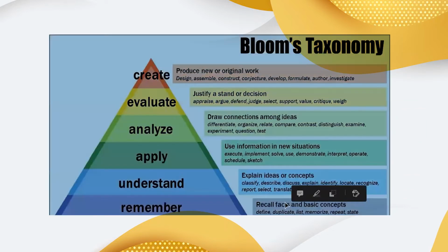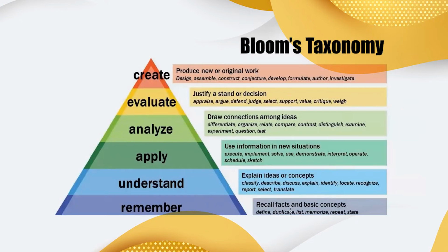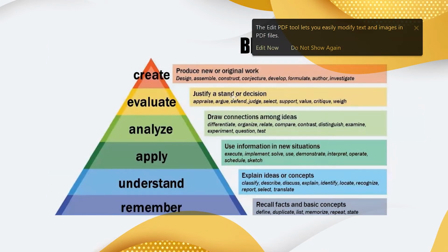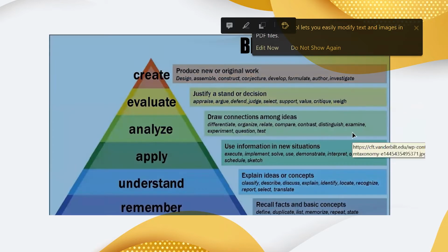The learning outcomes in the cognitive domain start with simple remembering or recalling of facts, to understanding, to use of information for application, to analyzing contexts, to evaluating a particular situation, and finally to being creative or innovative in your understanding.